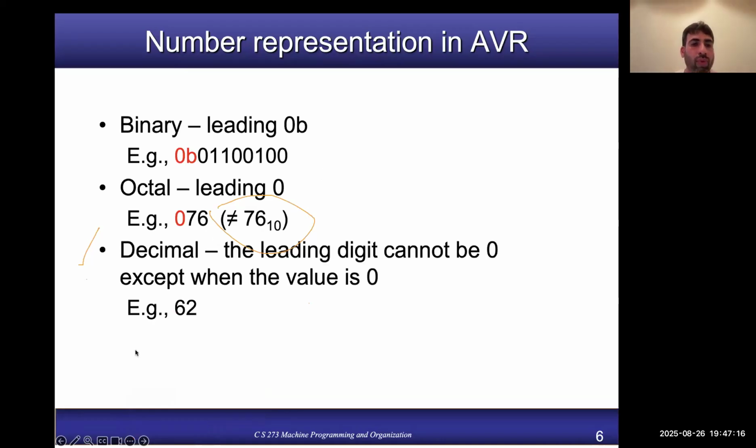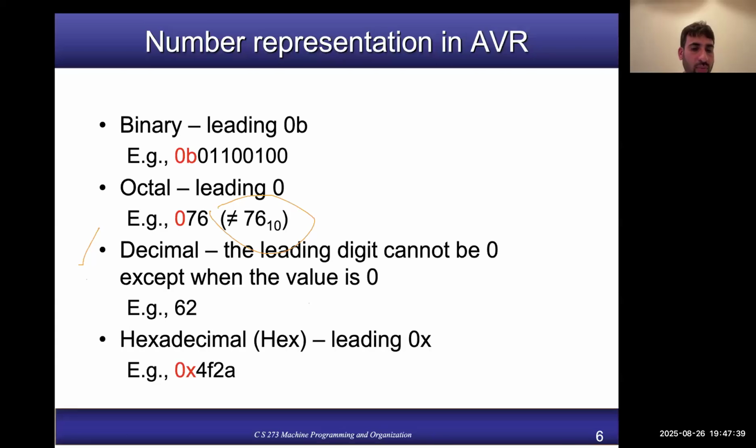Okay, so when you want to specify a number in the decimal system in assembly language, you write the number as it is. There is nothing you need to put in front of it. No zero, nothing. So, for example, if you write 62, it means it is a number in the decimal system.